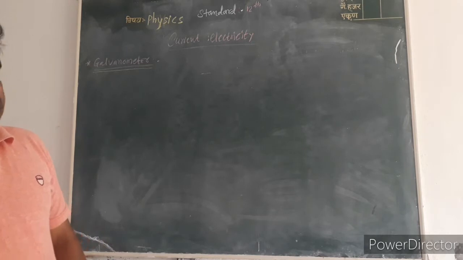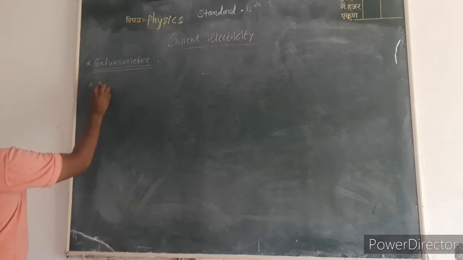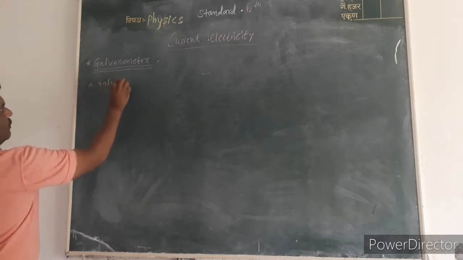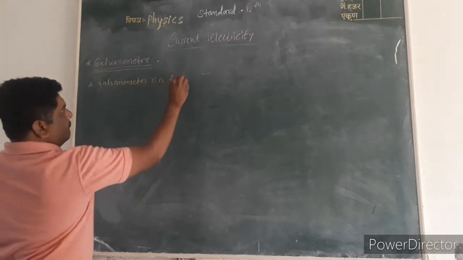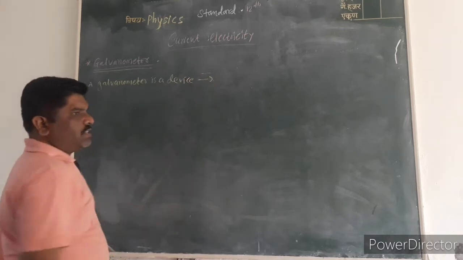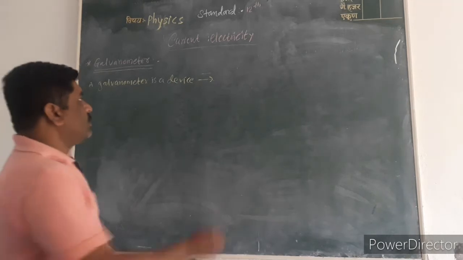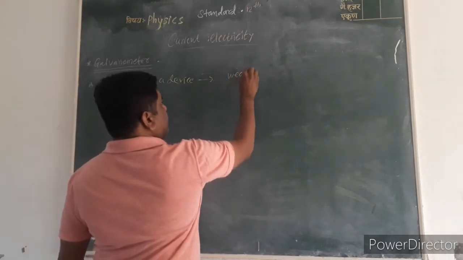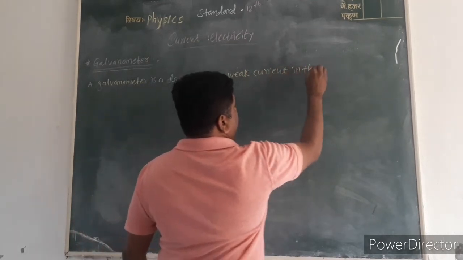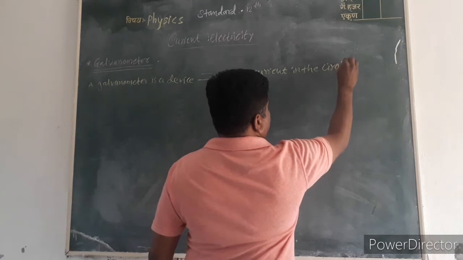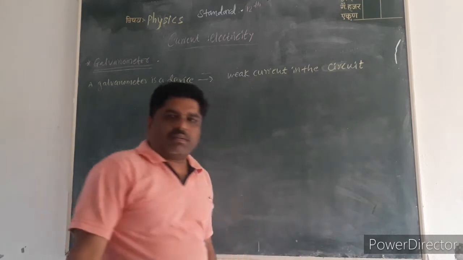Galvanometer is a device to detect or to measure weak current in the given circuit.